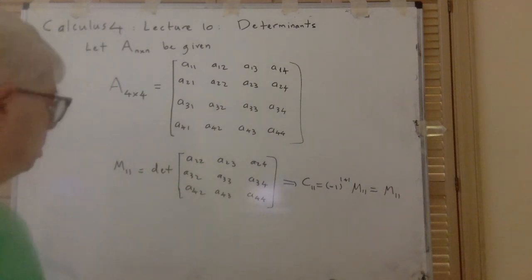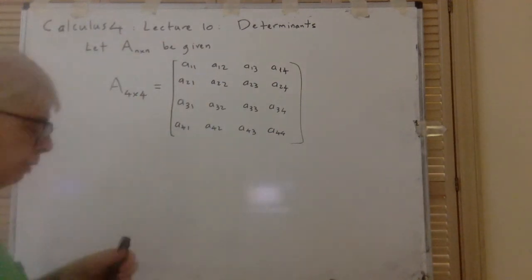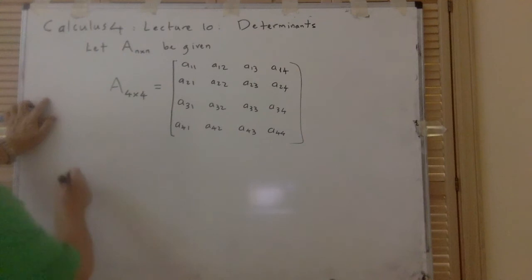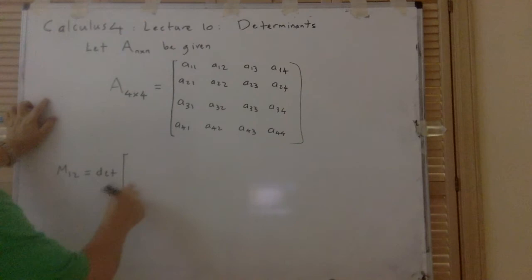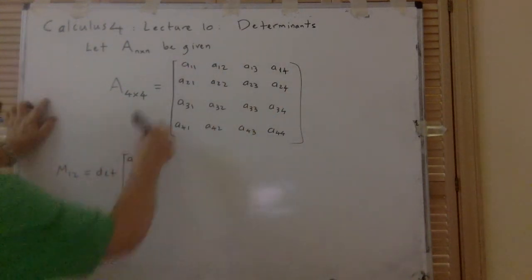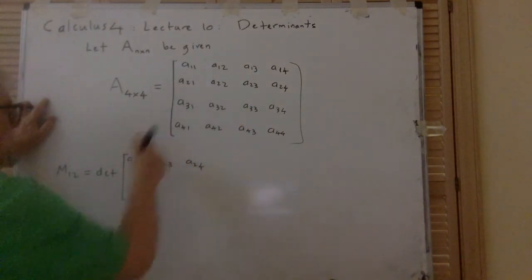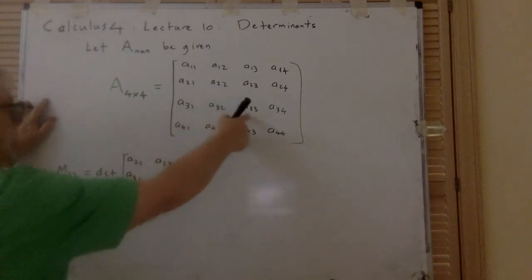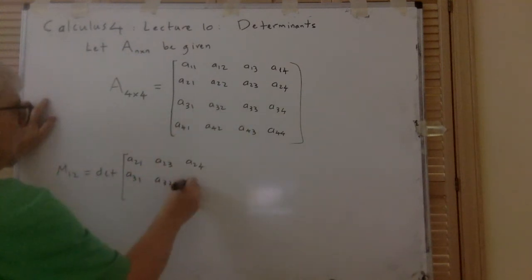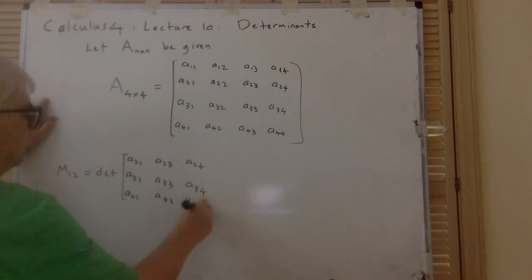So let me erase this and write M12. If I write M12, you get the idea. M12 will be the determinant of this: this goes and this one goes. So I have A21 jump, A23, A24, A31 jump, A33, A34, A41, A43, A44.